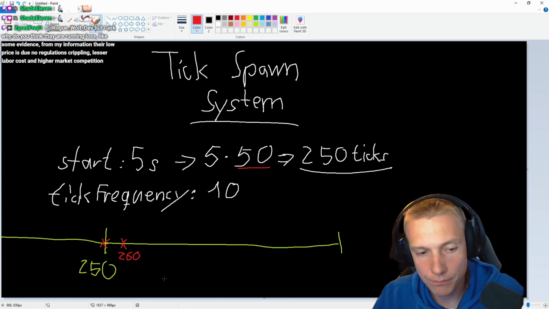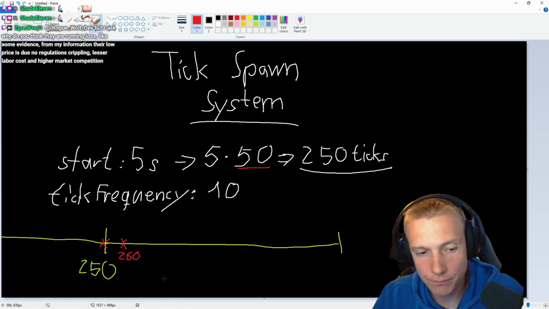If we multiply that by 50, then we get some weird tick counter. Let's just do that really quickly. 5.2 times 50, 260. Okay, 5.12 times 50.